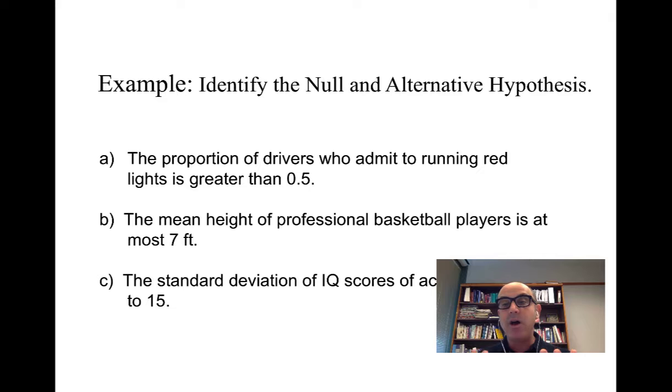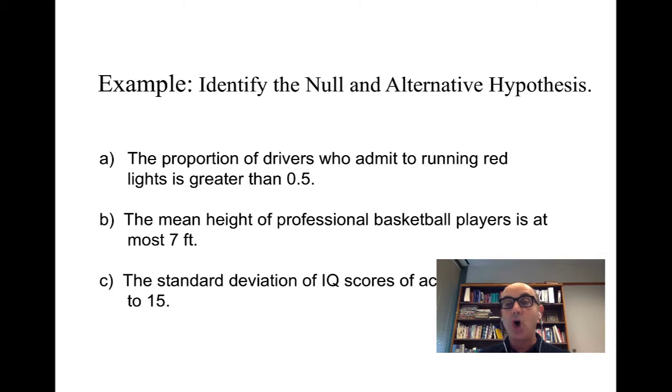The proportion of drivers who admit to running a red light is greater than 0.5. In this case, it will be the alternative, because it is greater than 0.5. The second one is the mean height of professional basketball players is at most 7 foot, and again, that can be the null hypothesis.